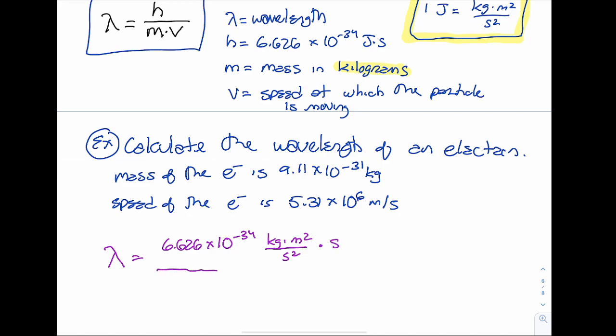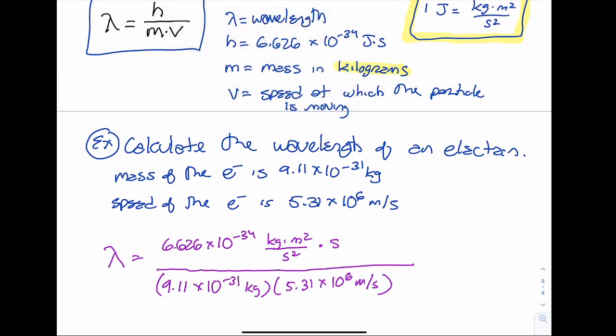I just want to show you the units here. And then that's going to be over our mass, 9.11 times 10 to the negative 31st kilograms, multiplied by my speed, 5.31 times 10 to the 6 meters per second.